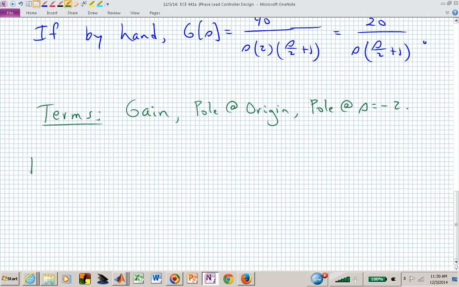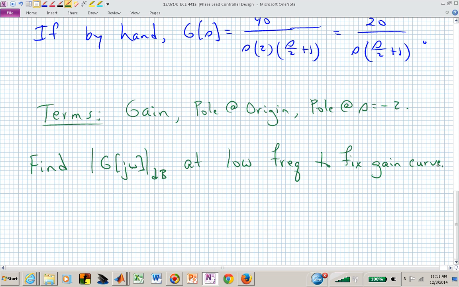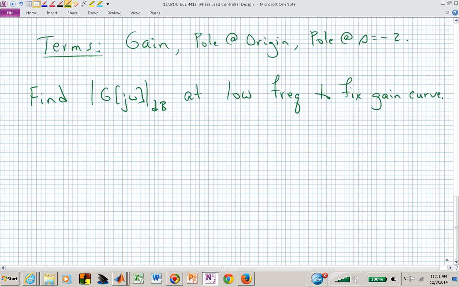Let's find a value for our gain curve in dB at a low frequency to fix that gain curve plot. In other words, I'm looking at G of j omega, which is now 20 over j omega, and then we have j omega over 2 plus 1.